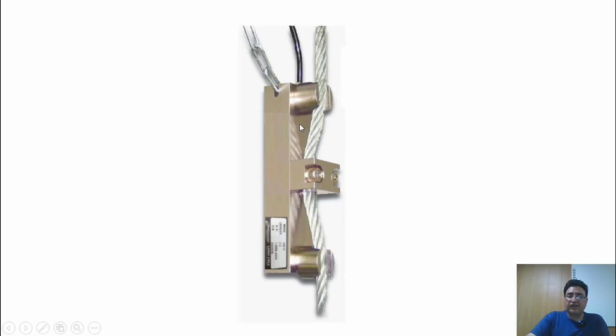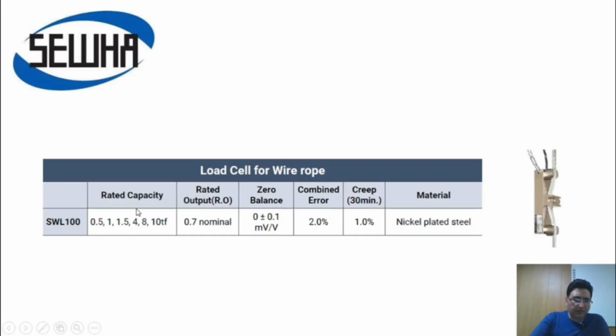As you can clearly see here, this particular load cell is equipped with a robust chain, and by utilizing this strong and durable chain, we can effectively and securely install the load cell in its intended position. In the SEWHA brand, we proudly introduce our cable tension load cells, with the code SWL100, which possess a versatile capacity ranging from 500 kilograms up to 10 tons.